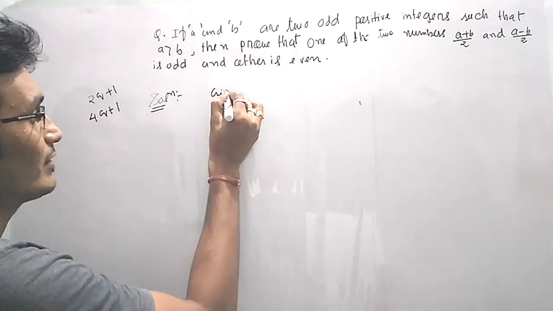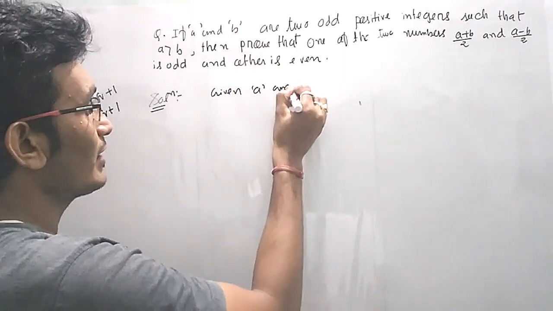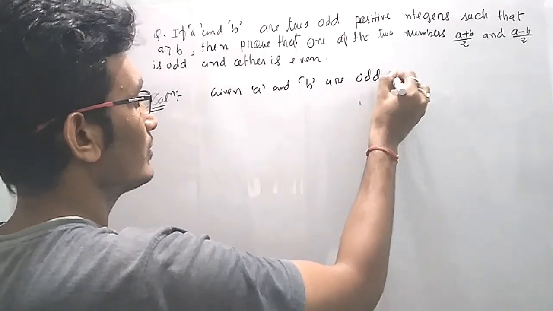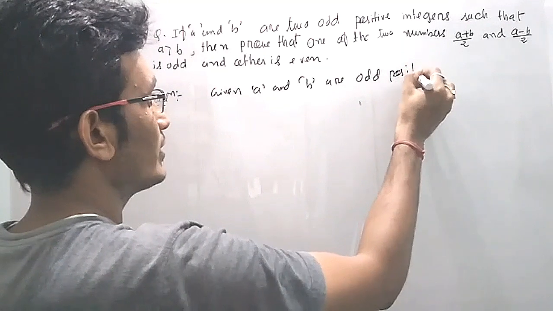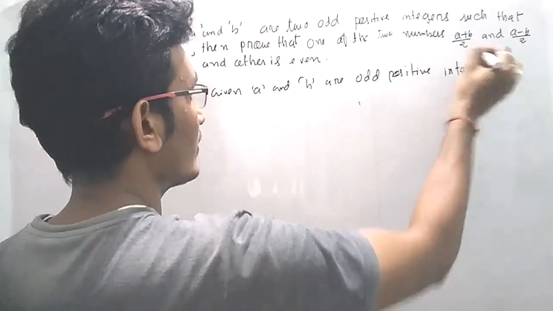Given a and b are odd positive integers.